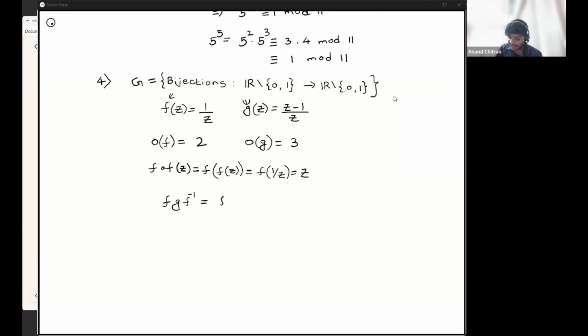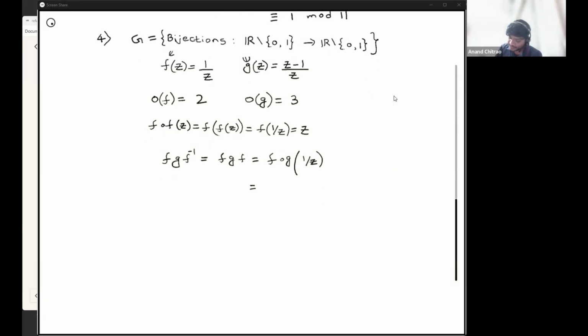F inverse is just F. So you'll have F composed with G evaluated at 1 by Z. This will be F evaluated at 1 by Z minus 1 upon 1 by Z, which is F evaluated at Z minus 1.